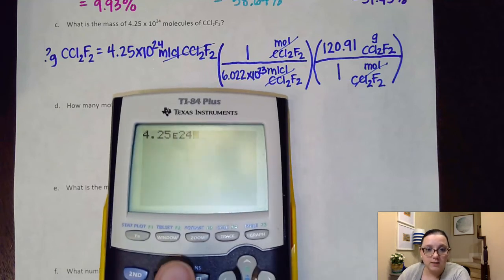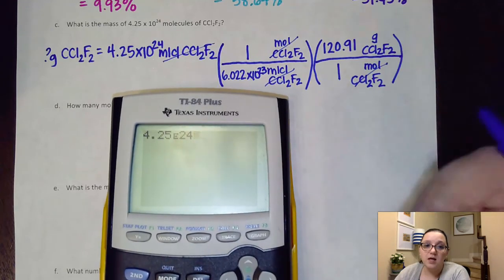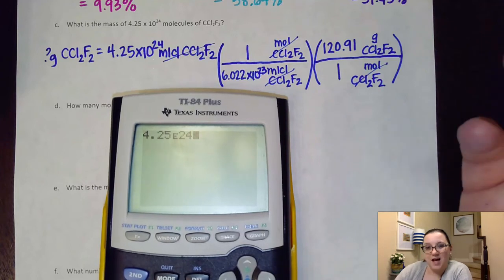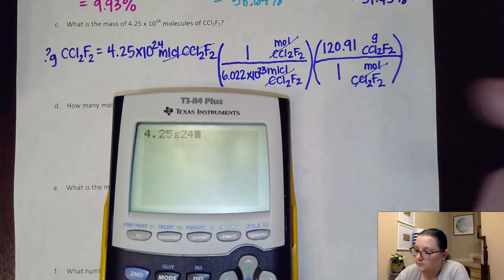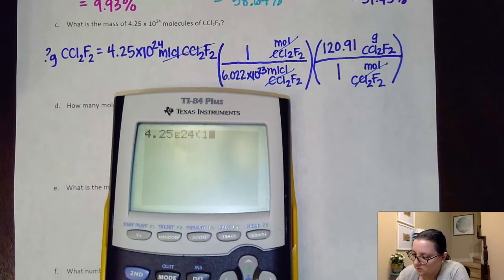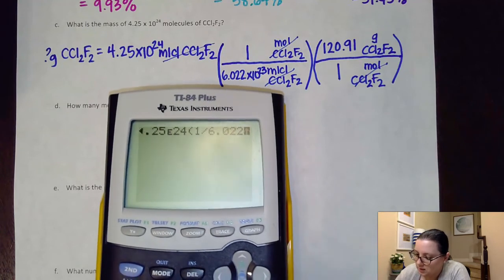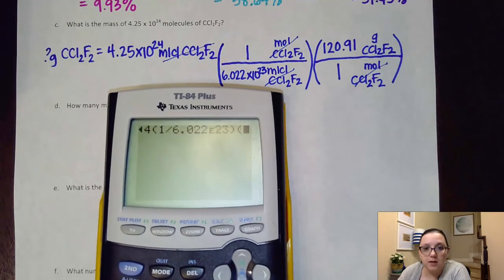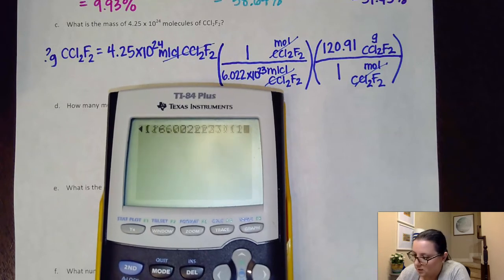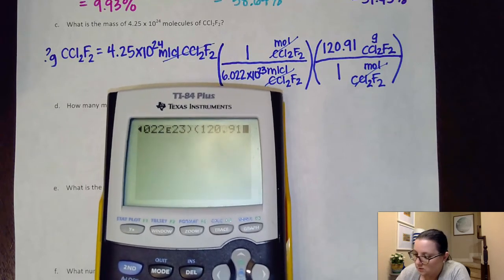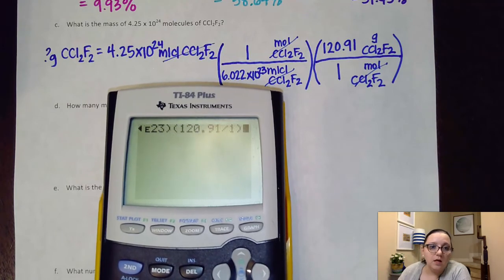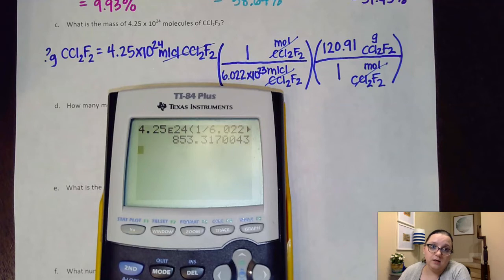Then the way I plug in the rest is exactly how it looks. I open a parentheses and do 1 divided by 6.022, second E, 23, close that off, open up the next one, 120.91 divided by 1, not that the divided by 1 does anything, close that off, and then I hit enter, and it calculates it for me.